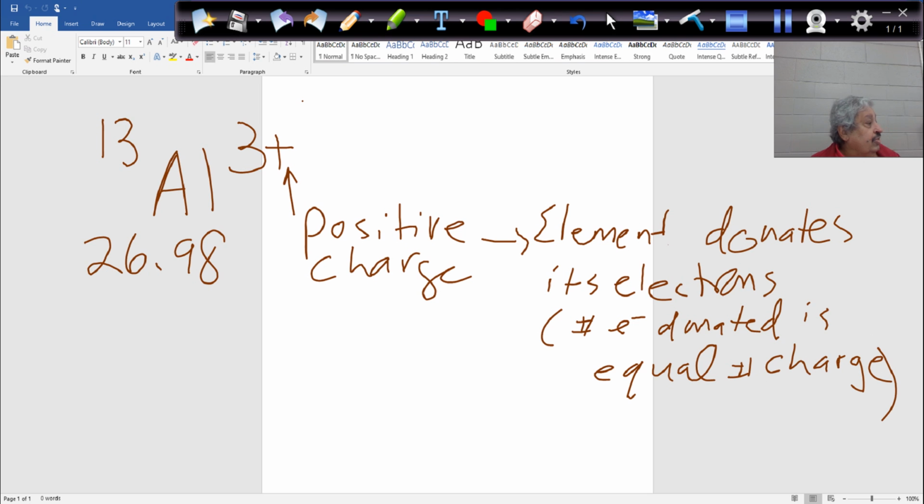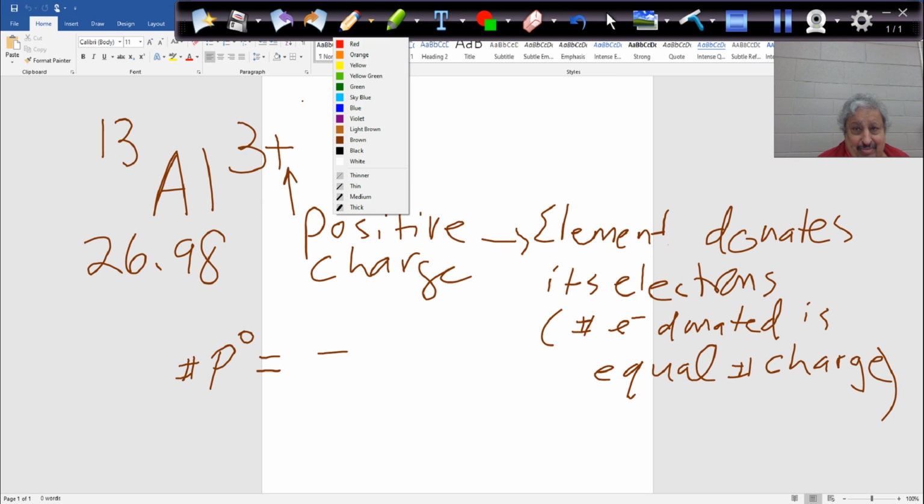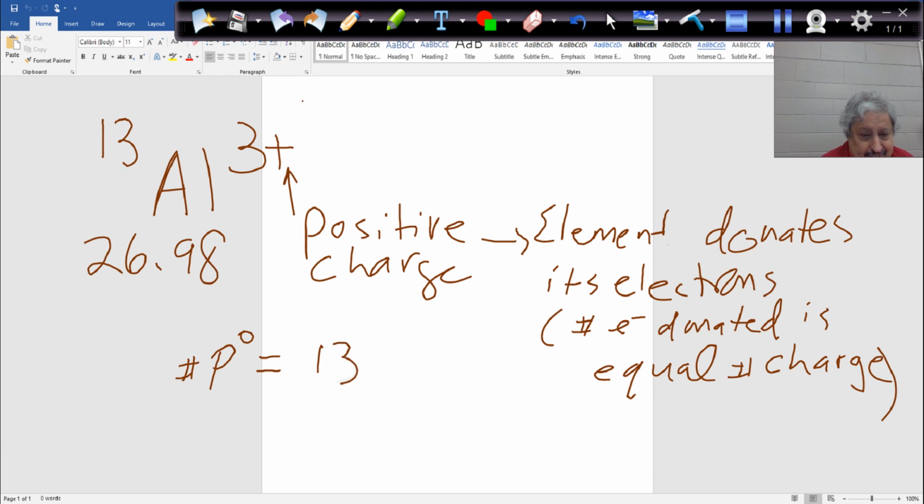Okay, so meaning I have the number of protons. We said there's no change of them, correct? No change at all. So how much is it? 13. Those are inside the nucleus, hidden deep inside the nucleus. No changing. Nobody can touch them.